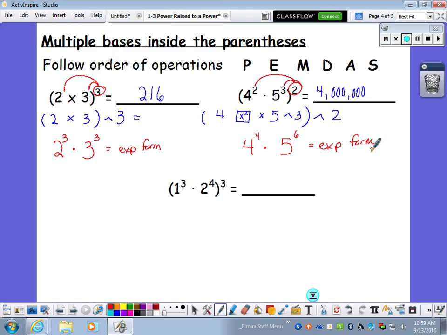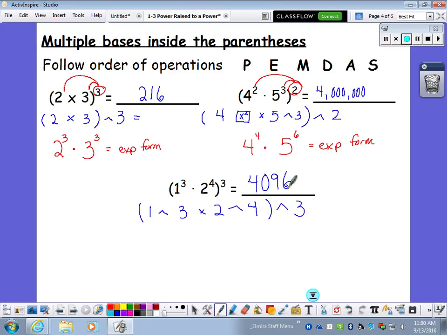Okay, so this last one we're going to do both ways. If we're doing final answer or standard form, we're going to type in parenthesis 1 caret 3 times 2 caret 4, close parenthesis, caret 3. And we get 4,096.